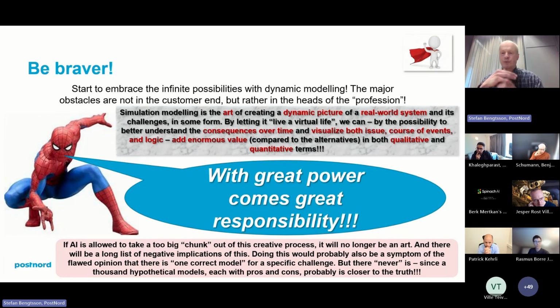So doing this would probably also be a symptom of a quite flawed opinion that there is one correct model. There never is one correct model, because there are always very many ways to address the same real world challenge. And the way we use to address it should be guided by our own personal subjective way to be a painter, to put it that way.